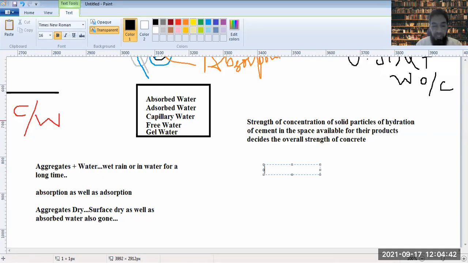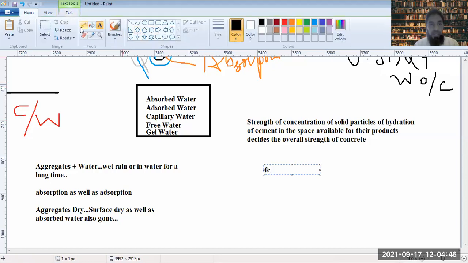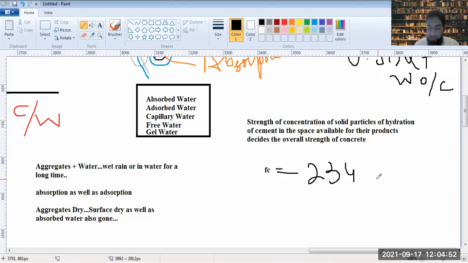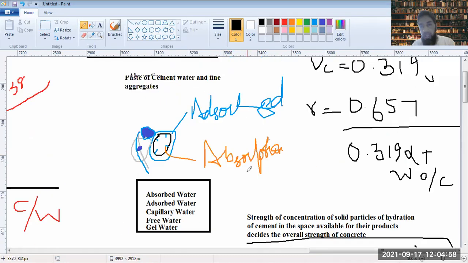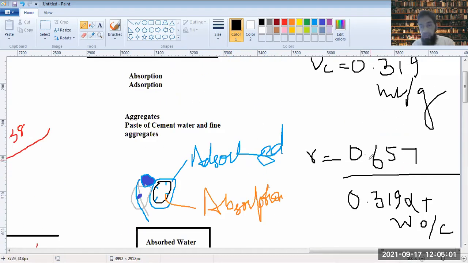So the compressive strength fc, you can have an equation in terms of this, is equal to 234 R cube. This is again an empirical equation. fc is 234 R cube, where R is the gel to space ratio.